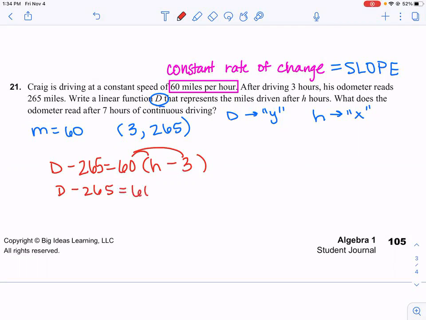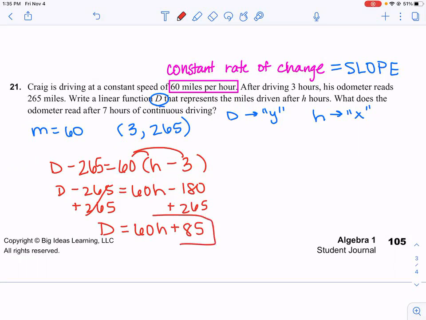So we have 60h minus 180. But this is what I'm gonna need help with. If we add 265 to both sides, would it be 85? 85? Okay. So here's our equation.